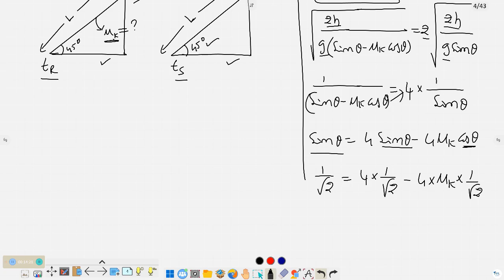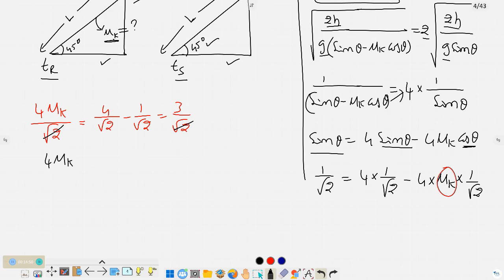So I write 4 mu k by root 2 is equal to 4 by root 2 minus 1 by root 2, that is 3 by root 2. Cancelling the root 2, 4 mu k is equal to 3. So the mu k value is equal to 3 by 4.